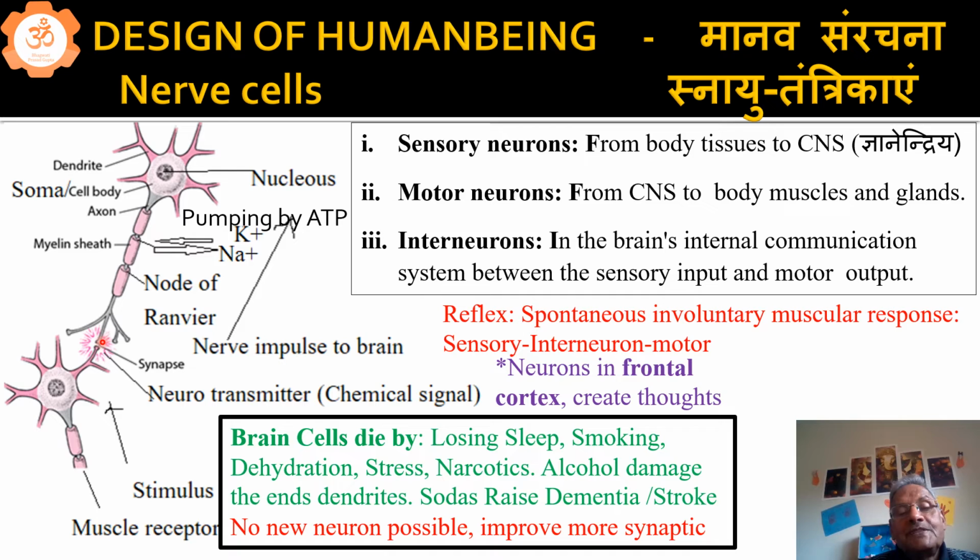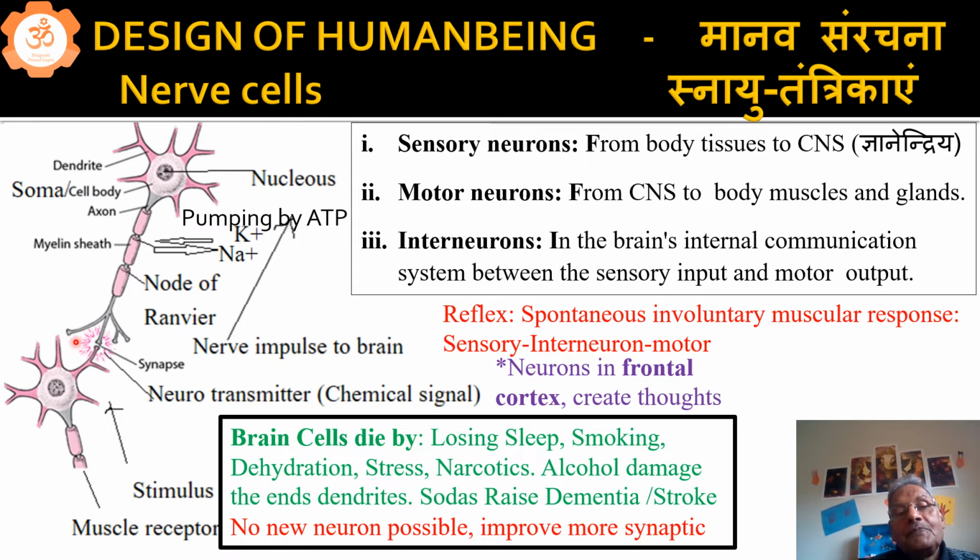So the tail portion connects to the dendrites of the body cell of the other neuron with the help of a synapse. Through the synapse, there is some neurotransmitter, a chemical compound, and electrical signals are also passed on. So in this way, through this chemical messenger, chemical signal, the message is transferred to the other neuron.